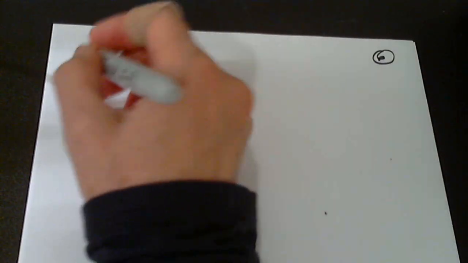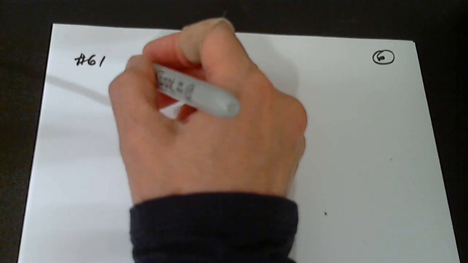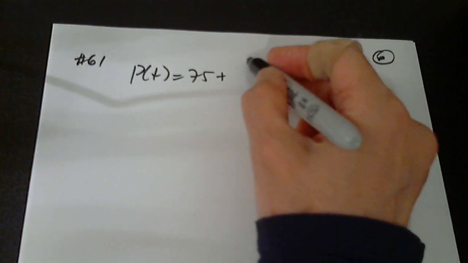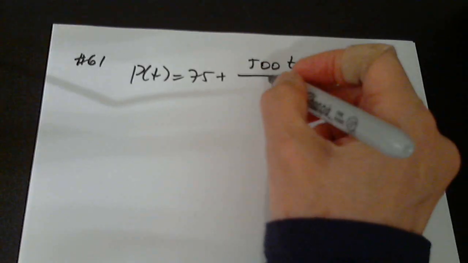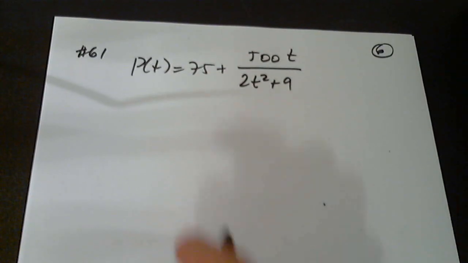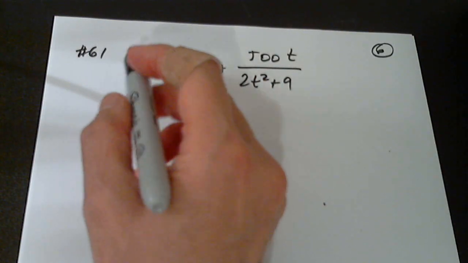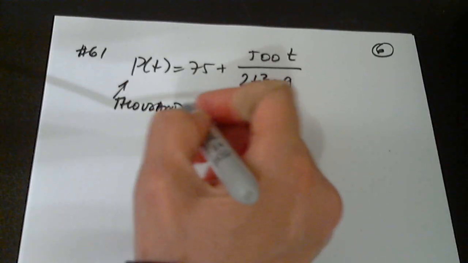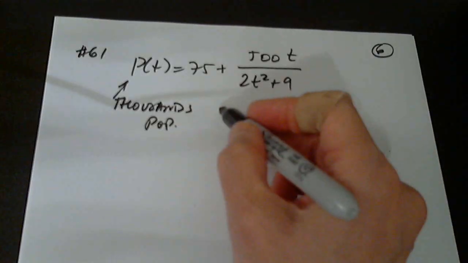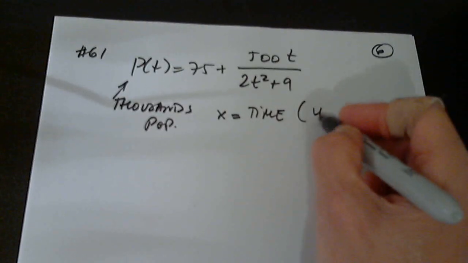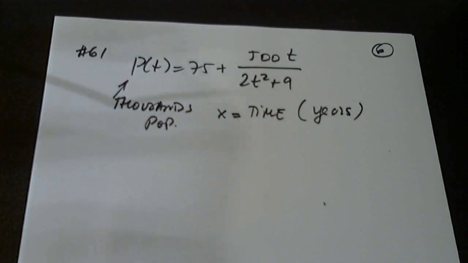P of t equals 75 plus 500t over 2t squared plus 9. T is time in years, and P is in thousands. Population. And t is time in years. Okay.